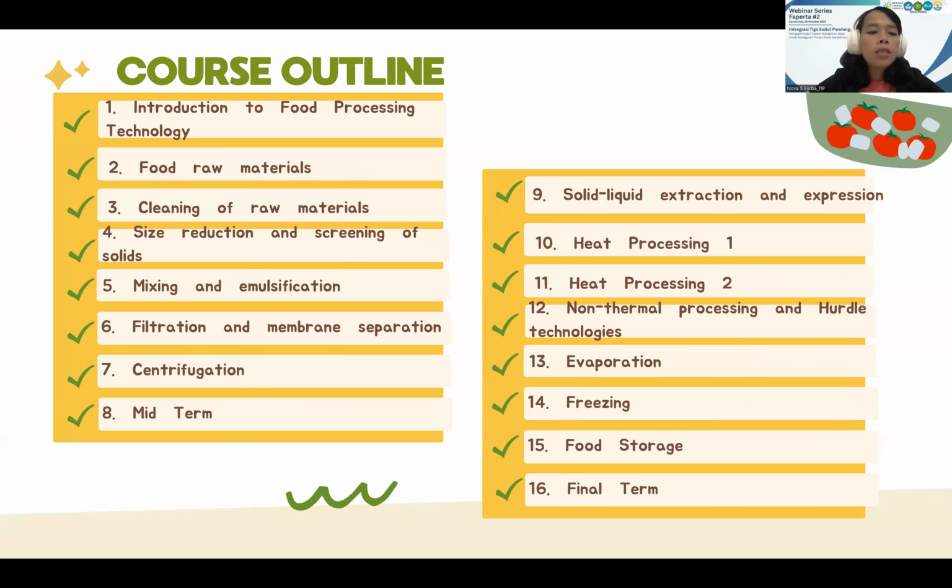In this subject, we are going to learn about introduction to food processing technology, food raw materials, cleaning of raw materials, size reduction and screening of solids, mixing and emulsification, filtration and membrane separation, centrifugation, and solid liquid extraction and expression, heat processing, non-thermal processing and harder technologies, evaporation, freezing, and the last is food storage.